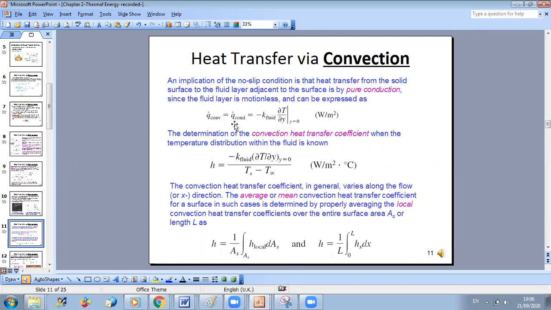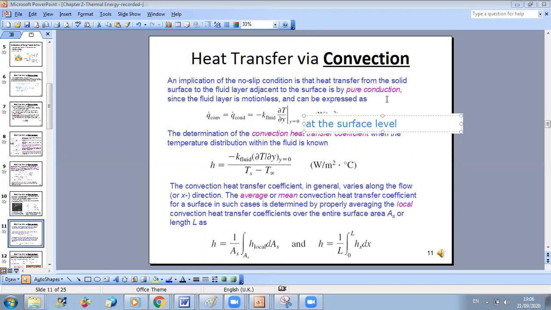And how to calculate Q dot conduction? It's simply minus k of the fluid, which is the conductivity of the fluid, times del T by del y at y equals 0. And we mean here by y equal to 0, this is at the surface level.